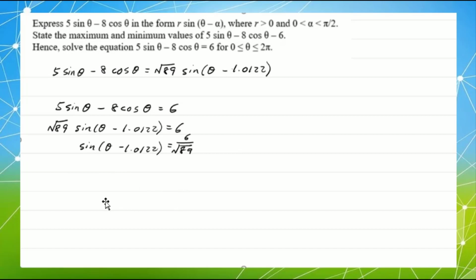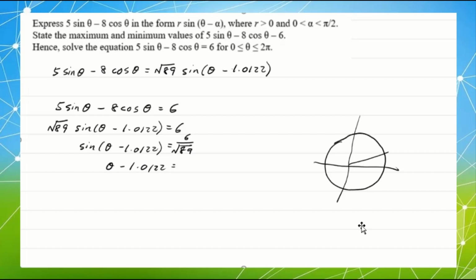Now to find theta minus 1.0122, we can use arcsine. Since 6 over square root of 89 is a positive value, we need to take the first quadrant and the second quadrant. When we press the calculator, we find that the value is 0.6893.